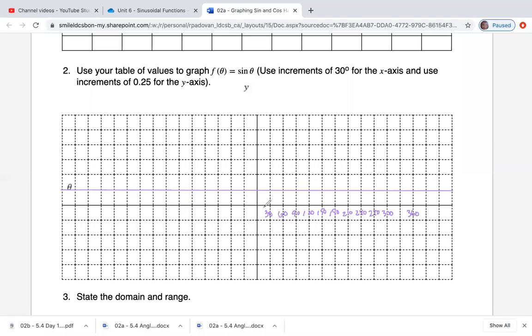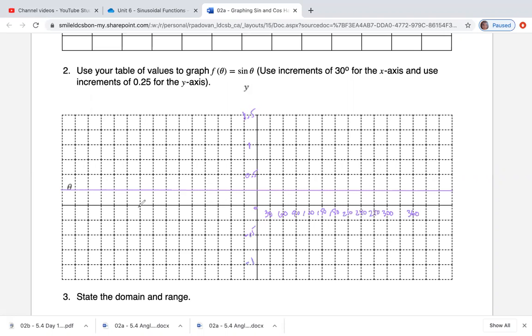So if this is my origin, 0.25, 0.5, 0.75, and 1, 1.25, 1.5, for example, and then negative as well. Negative 0.25, negative 0.5, negative 0.75, negative 1.